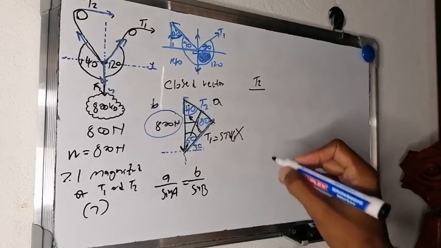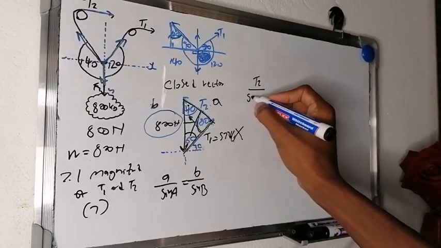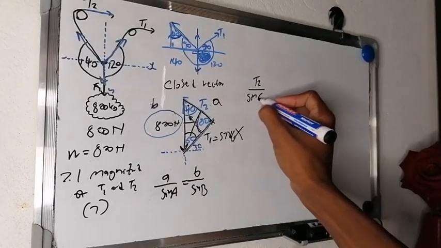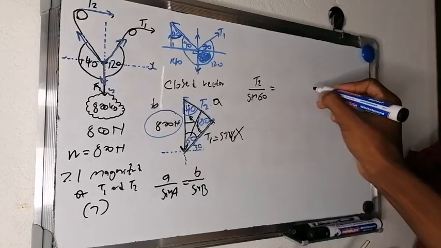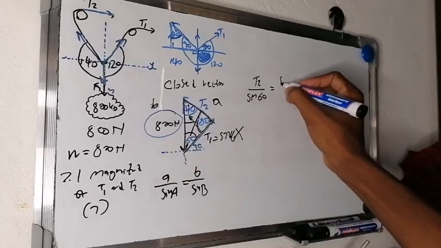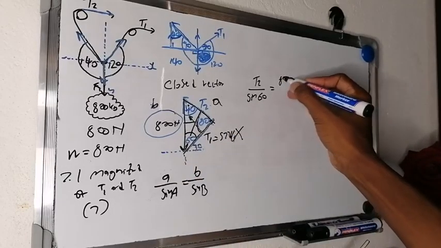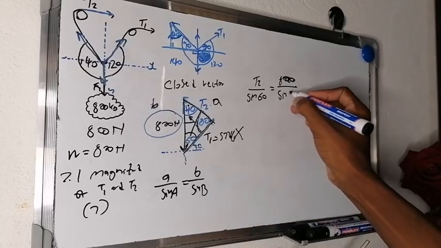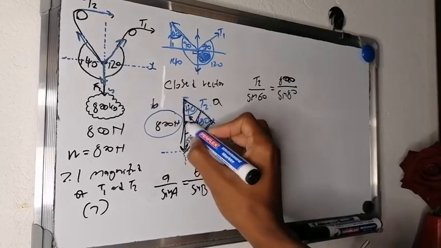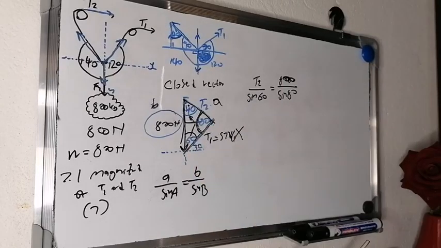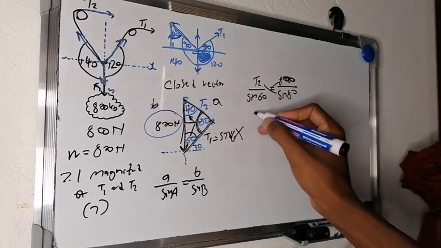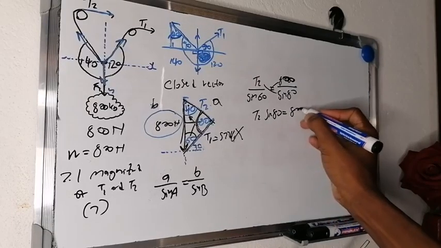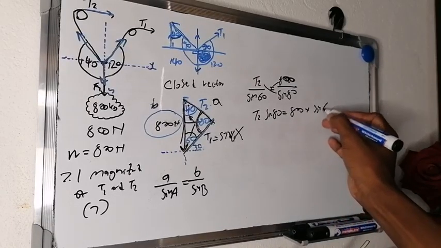Then over sine. Remember, you're using tension 2 with sine 60, and then equal to. Your B is 800, not 1000, 800 divided by sine 80. You are still going to use sine 80 because 800 has that angle opposite to it. You cross multiply: tension 2 sine 80 equals 800 multiplied by sine 60.